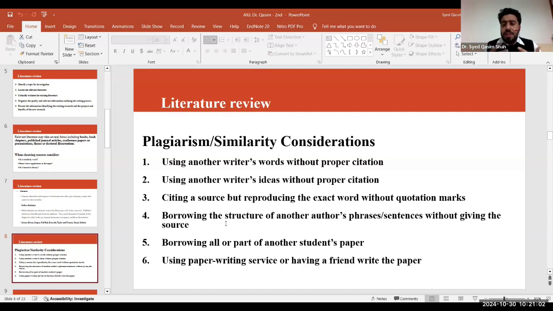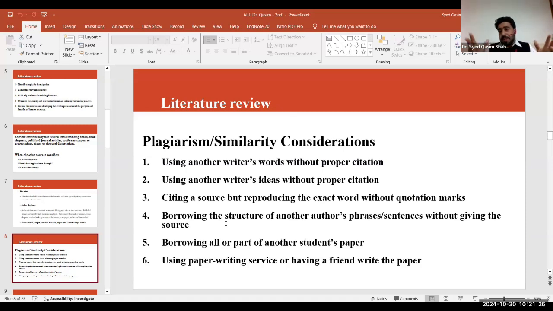So usually in a literature review, you rewrite the ideas of the people. And at the same time you are citing them, that this idea is presented by this author, and so on. Or let's say you are borrowing all or part of another student's paper, that is again plagiarism, and we need to make sure we are not doing these things.